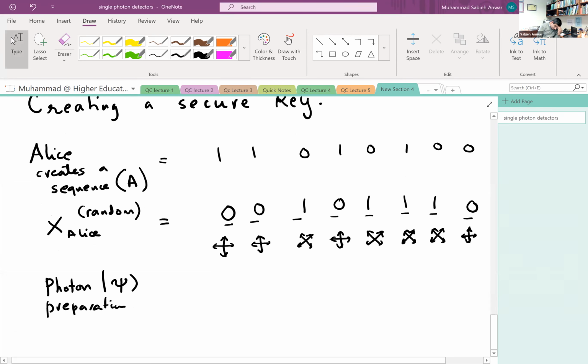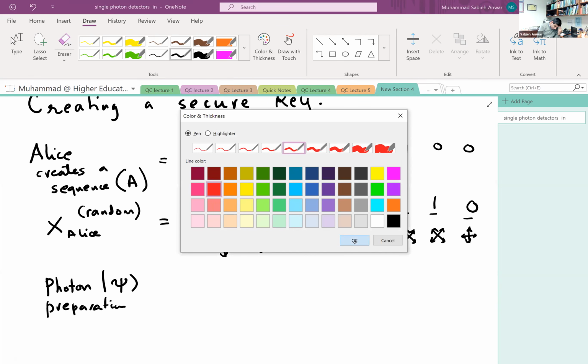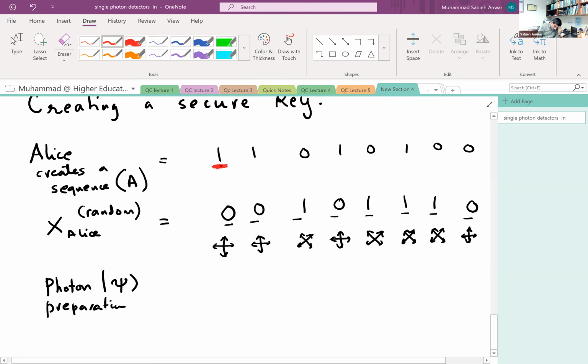All right, now since she wants to transmit, let me use a different color now. Since she wants to transmit the bit 0, and this comes with a random number 0, she's in the rectilinear basis. She wants to send 1, so she sends a cat 1. A cat 1 can also be written as a cat 90 degrees. So this is cat 0, can also be written as 0 degrees. This is cat 1, can also be written as 90 degrees. Okay, so she sends a photon in this quantum state cat 1.